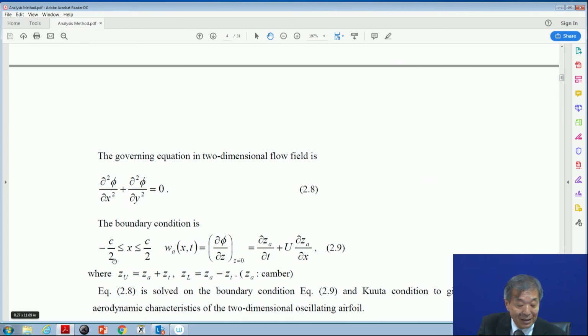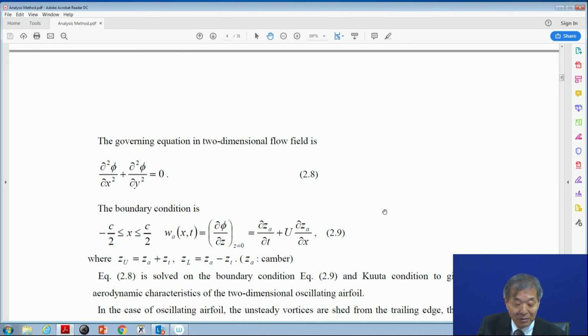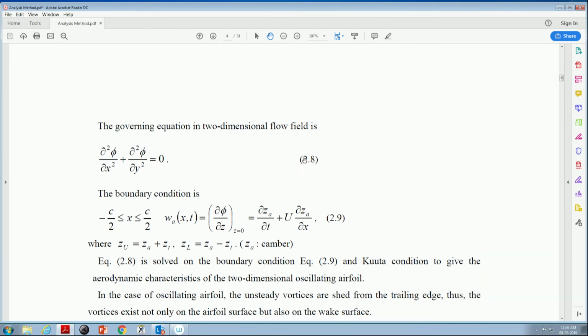So the boundary condition is w_A equal to this one. That is the non-permeable condition. So we solve 2.8 with boundary condition 2.9 and the Kutta condition. This calculation gives the aerodynamic characteristics of the two-dimensional oscillating airfoil.